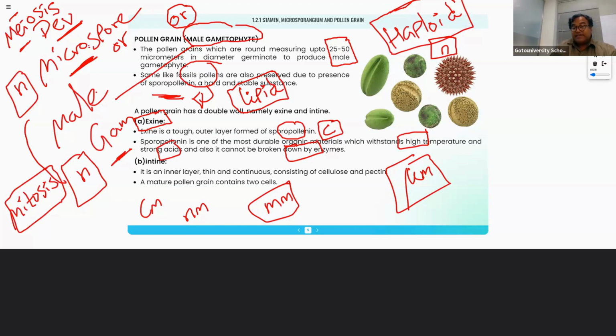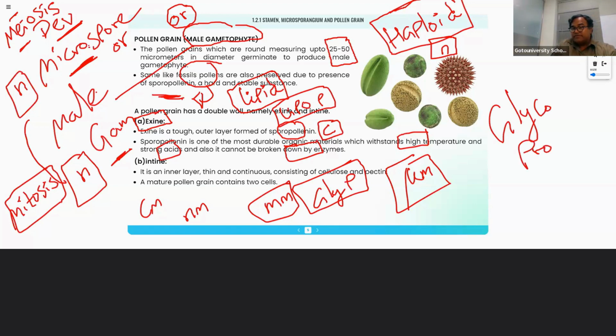Instead of saying like this, they can say it is a lipoprotein, or it is a glycoprotein. Sporopollenin is a glycoprotein, the word I am saying for sporopollenin because it has the ability to make the pollen grain sustain and thrive very nicely in adverse climatic conditions, right?